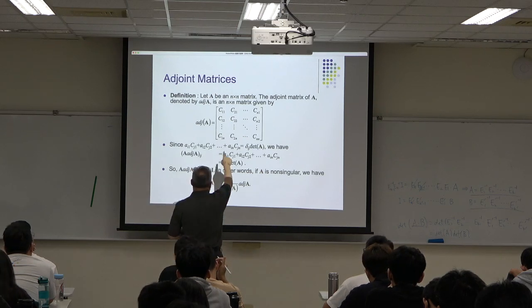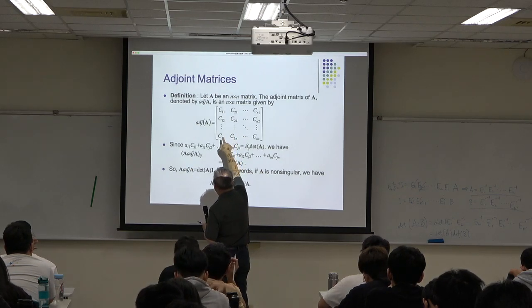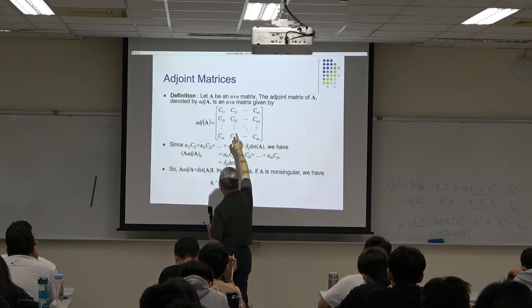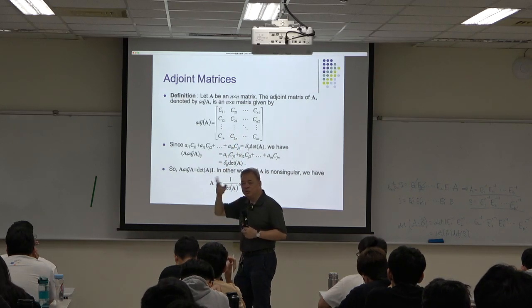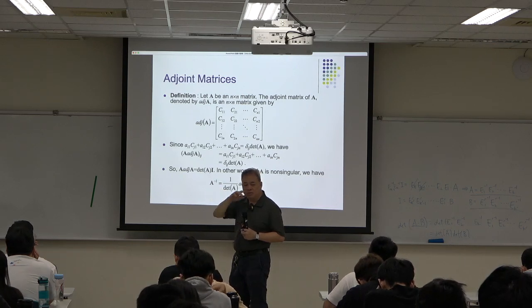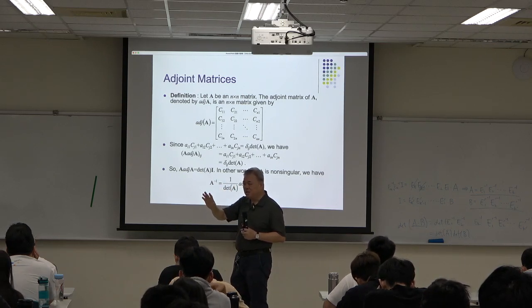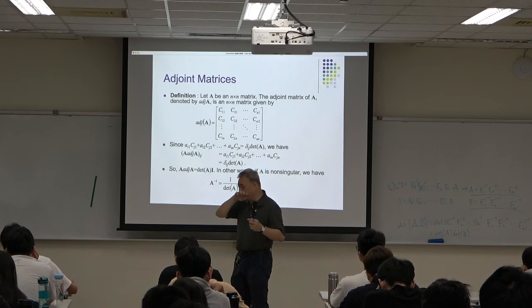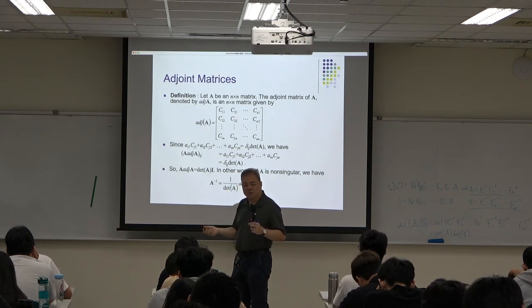Because, you know, C21 happens at the transpose location, right? So this one I want you to be aware of. Other than that, everything should be very easy to remember.